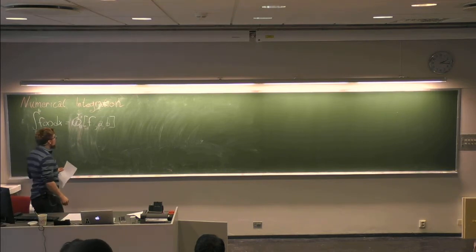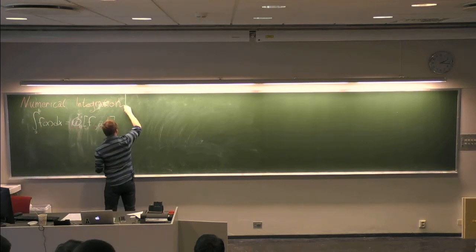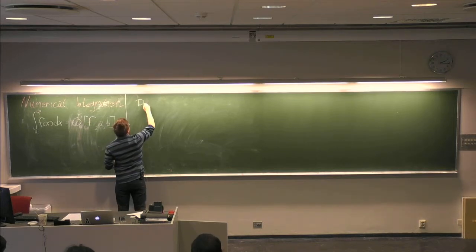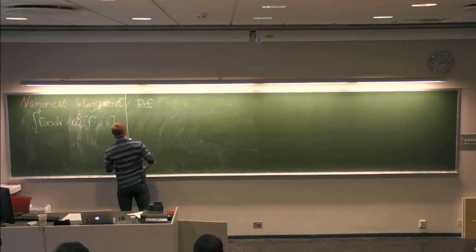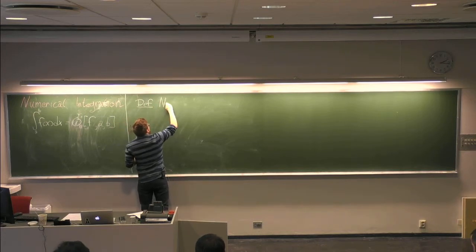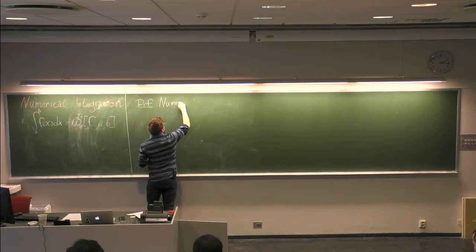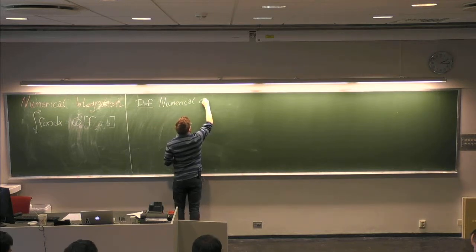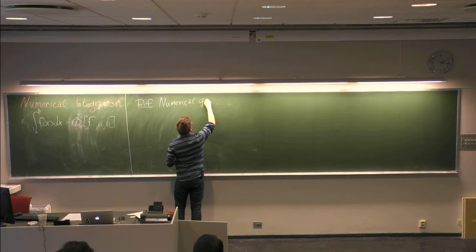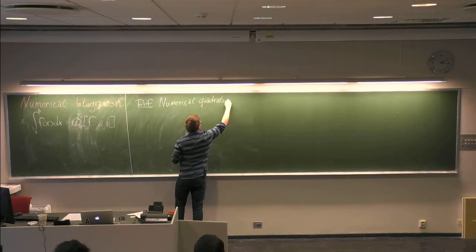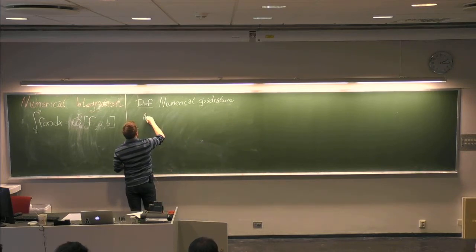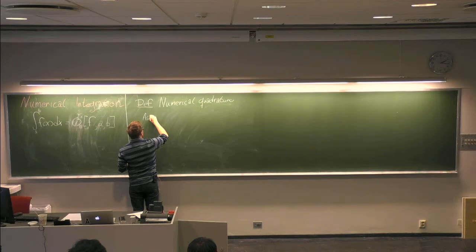So before we start here, I'll give a definition of something called numerical quadrature. So we will assume that we have some kind of ordered points.